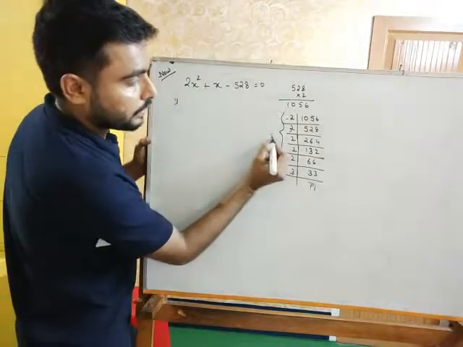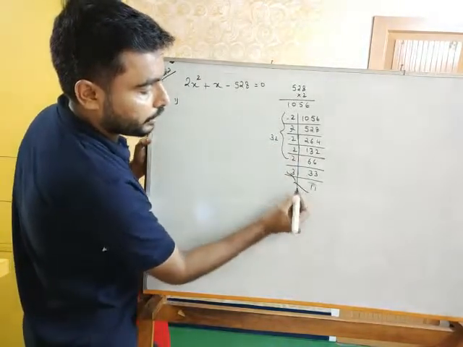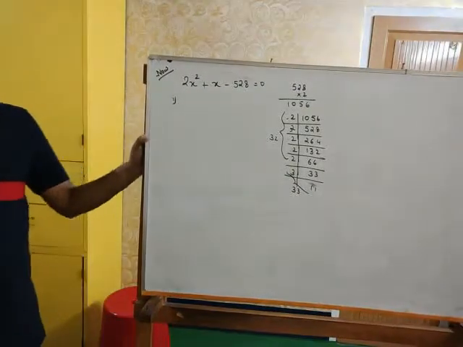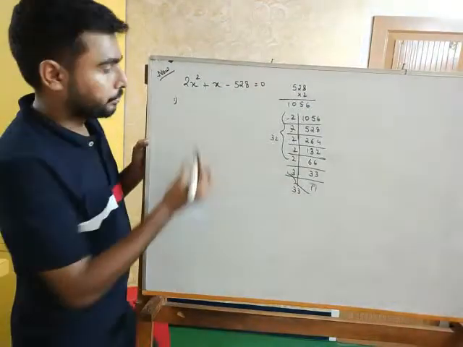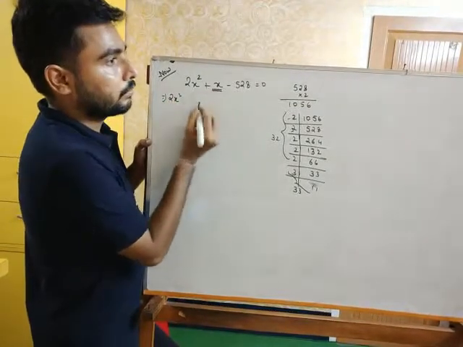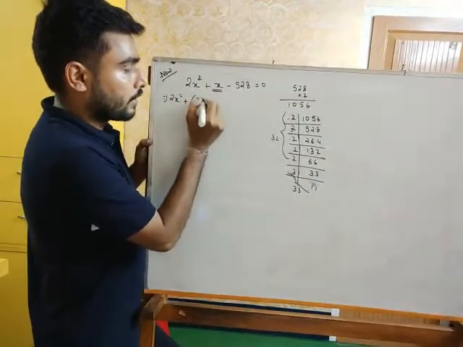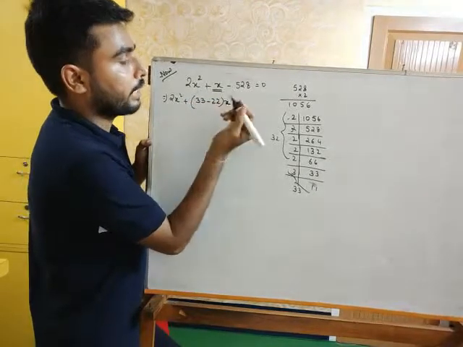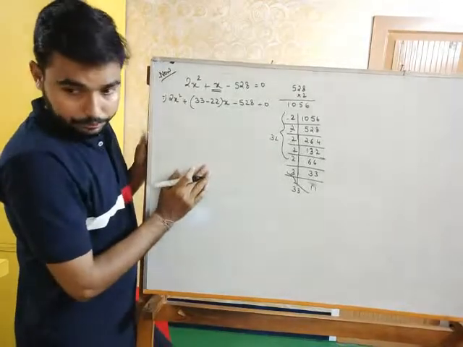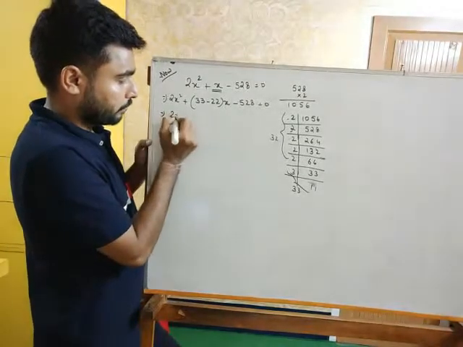From here it is 32, and from here 3 into 11 is 33. 33 minus 32 will give you 1. That's what you need. So I can split the middle term as 33 minus 32, whole multiplied by x, minus 528 is equal to 0.